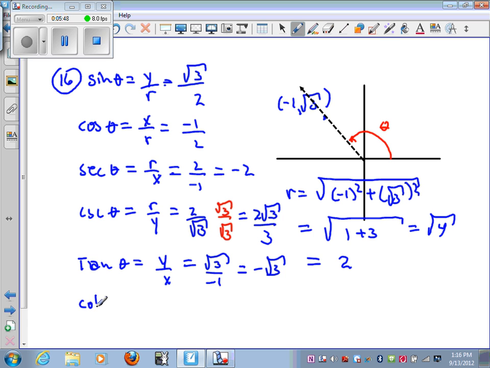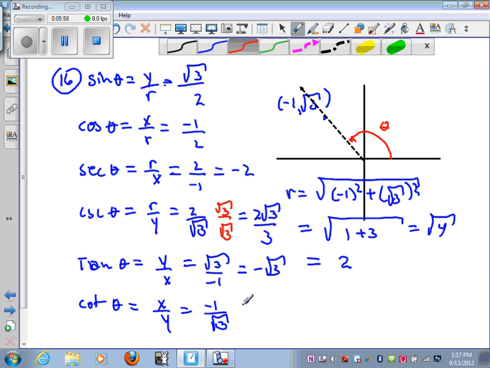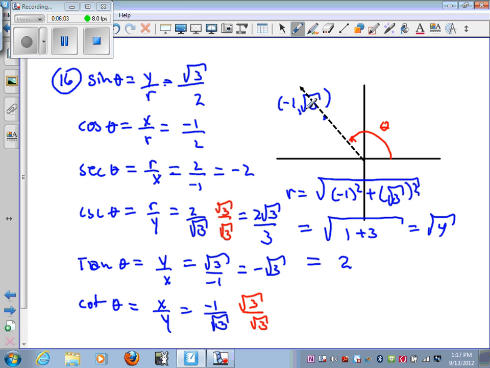And then cotangent is x over y, minus 1 over square root of 3. Now we have to rationalize that denominator. Square root of 3 over square root of 3, and that's going to give us negative square root of 3 over 3. So that's the 6 trigonometric functions.